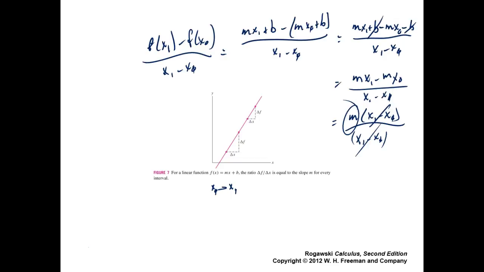Number three, what is the graphical interpretation of the instantaneous velocity at the moment t? What's the graphical interpretation of that instantaneous velocity?